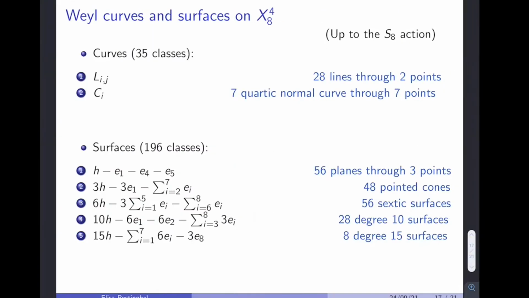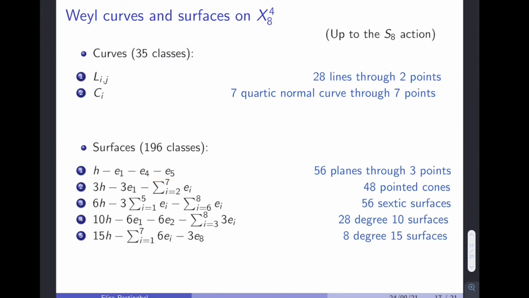And the next case, which in my opinion is the most interesting case, is P4 blown up at 8 points. In this case, I have curves, surfaces, and divisors. Again, I have the same curves, lines and rational normal curves. I have 199 surfaces fitting in 5 different types. I have planes through 3 points, like before.